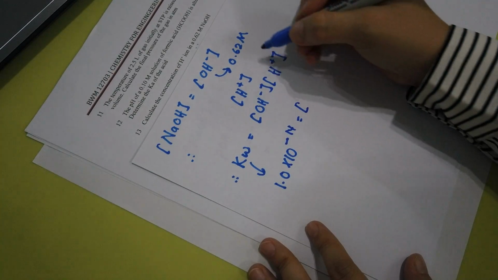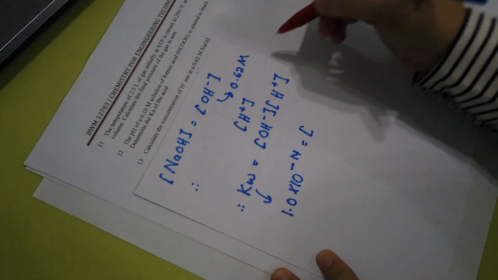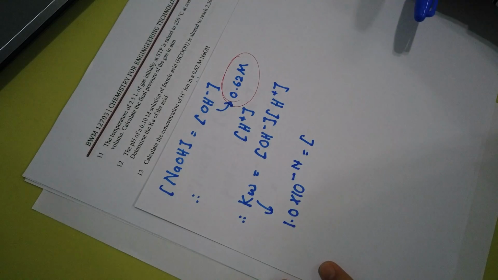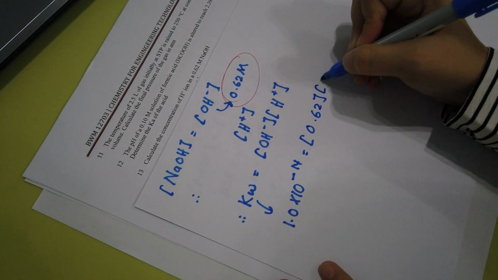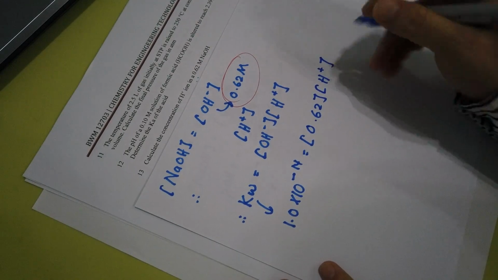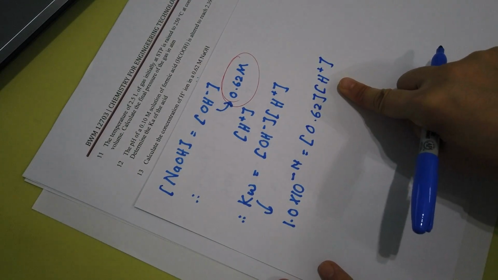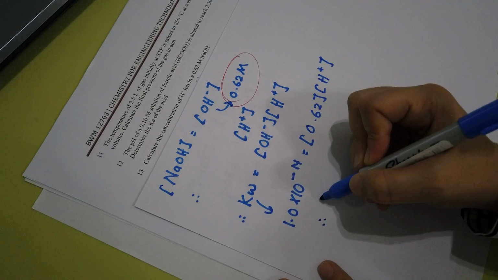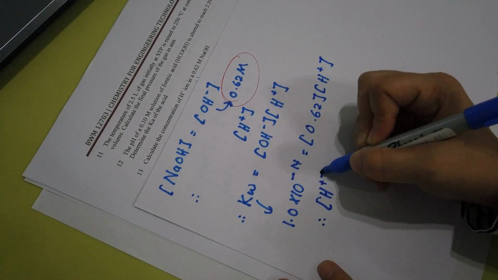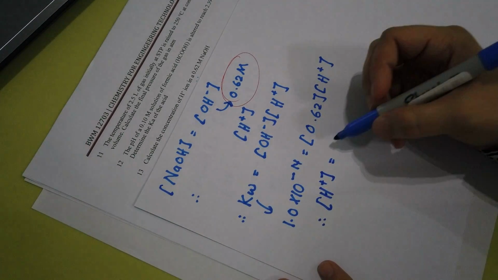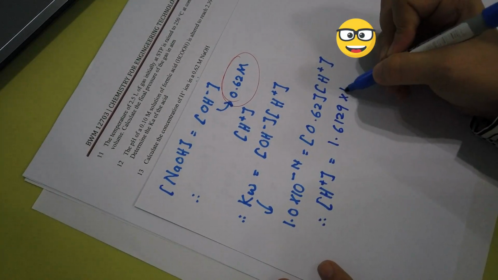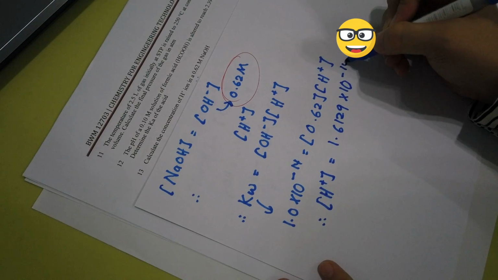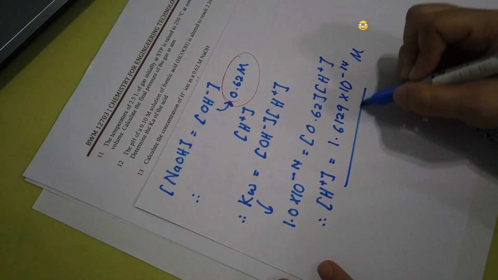So you just plug in this value, 0.62. So you are going to calculate the value of H plus. So from here, H plus is equivalent to 1.6129 times 10 to the power of negative 14 molar.